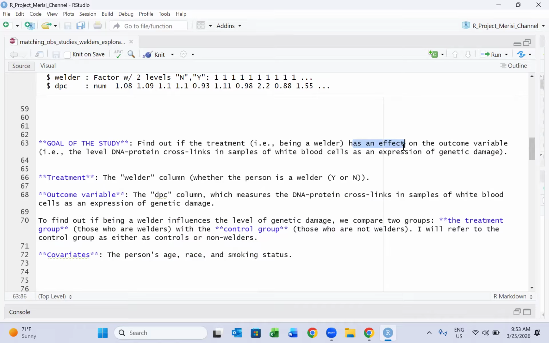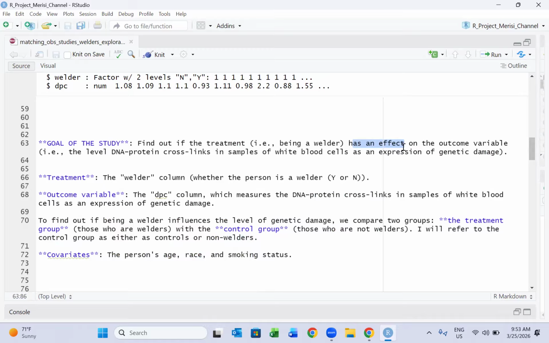Those are the observed covariates, okay? But not only that, the two groups, welders and non-welders, are also similar with respect to any important unobserved covariates. And one thing that you should know is that there are usually dozens of important unobserved covariates.